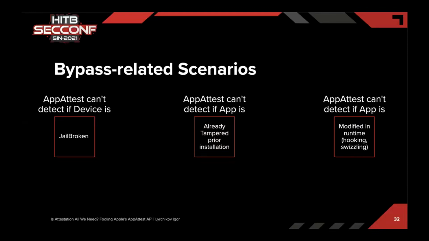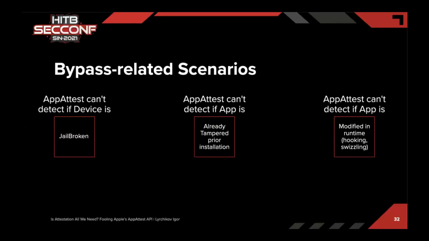Neither does it detect hooking frameworks, which modify the behavior of your application during its runtime. We don't even need to hack the key generation algorithms or break the cryptography, because it's really tough. It depends on the Secure Enclave, and in our case, it's definitely not that efficient to attack through this channel.